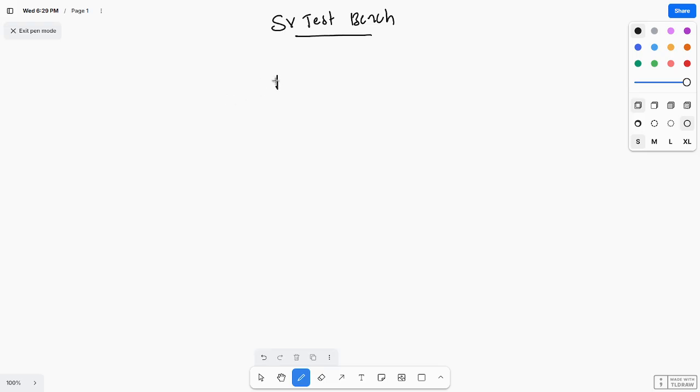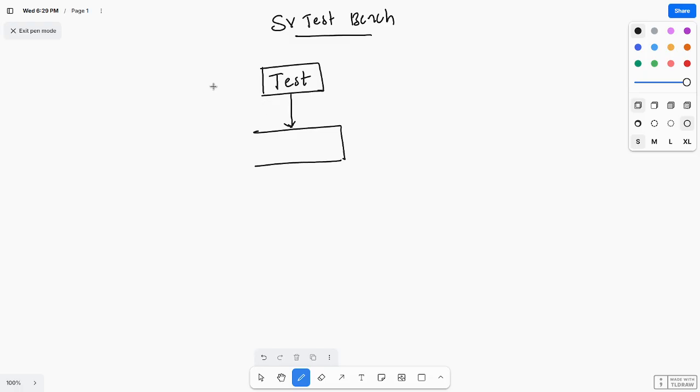In the top module there is a test. In this test again there is a generator.